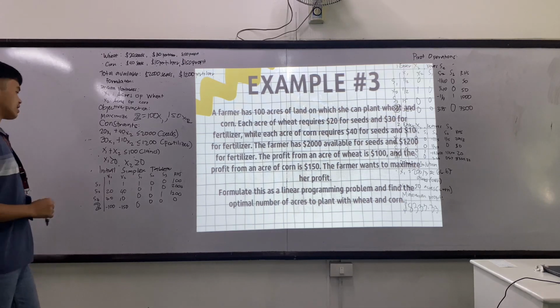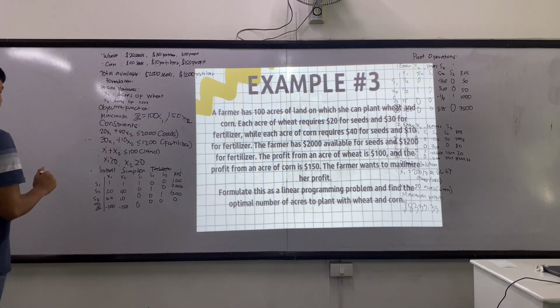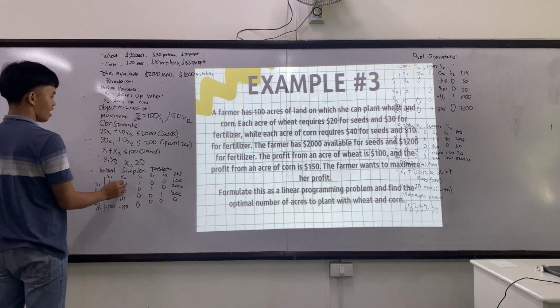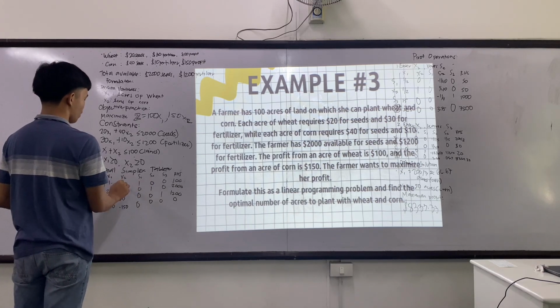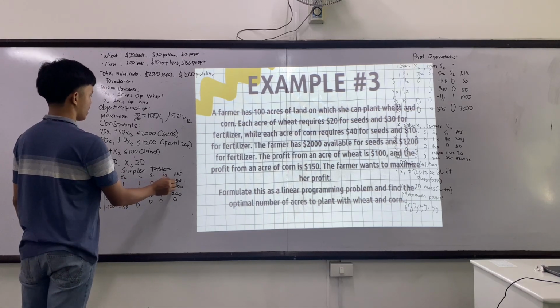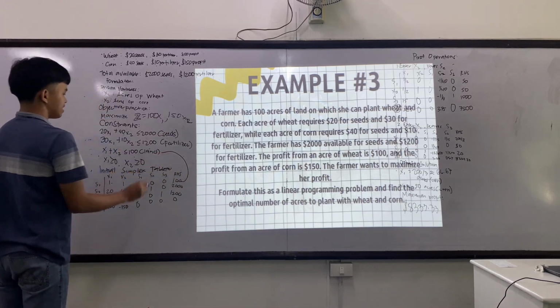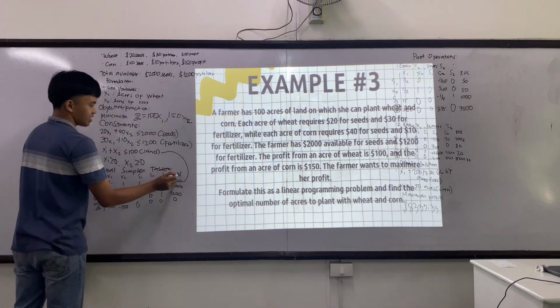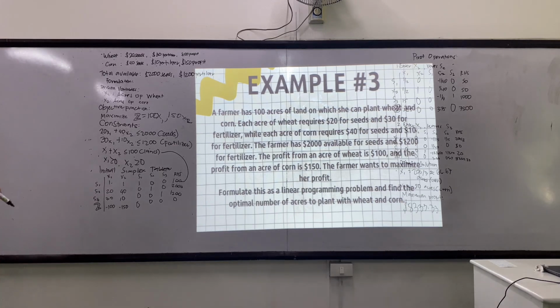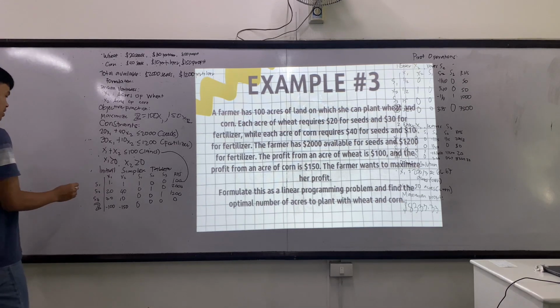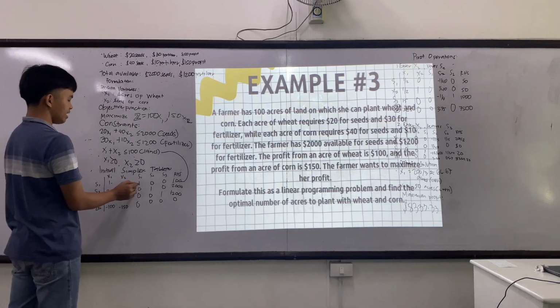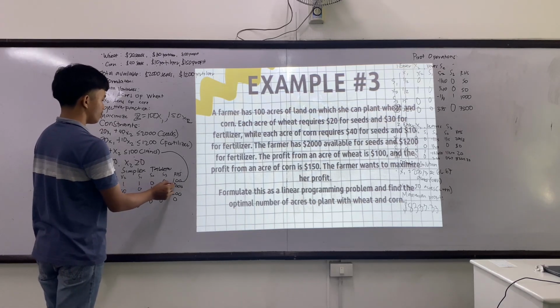So for the initial simplex table, for s sub 1 we have 1, 1, 1, 0, 0, and 100. The 100 we got from land. The RHS stands for right hand side. For s sub 2, we have 20, 40, 0, 1, 0, 2,000.